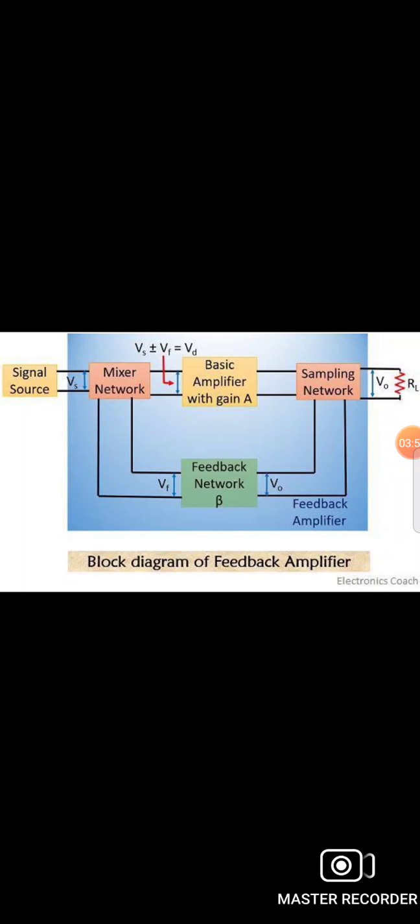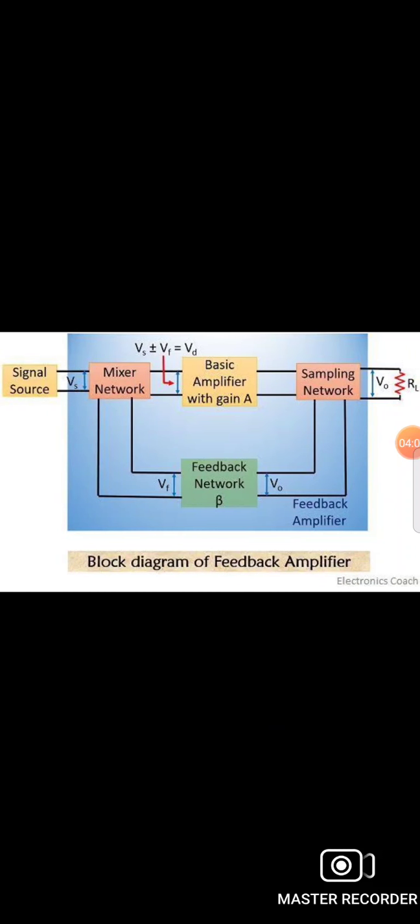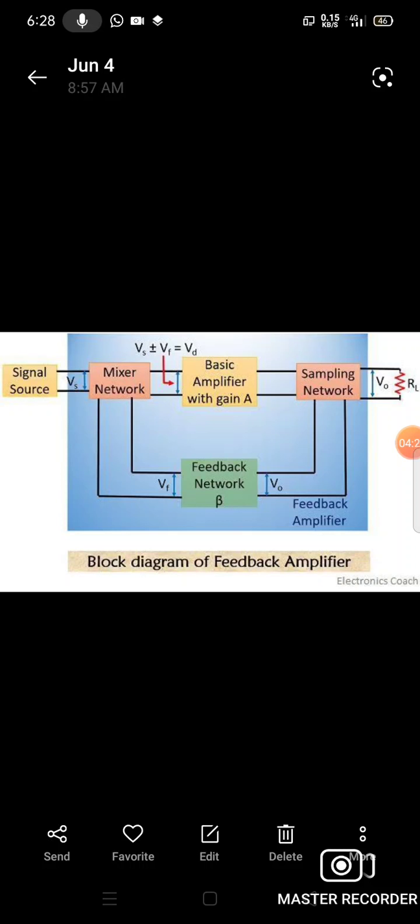But the feedback connections are considered here as two types, positive feedback and negative feedback. Already we discussed the types of feedback connections in amplifiers, right? And the better feedback connection for the amplifier circuit is negative feedback, because its characteristics are better and more suitable for the amplification operation compared with positive feedback.